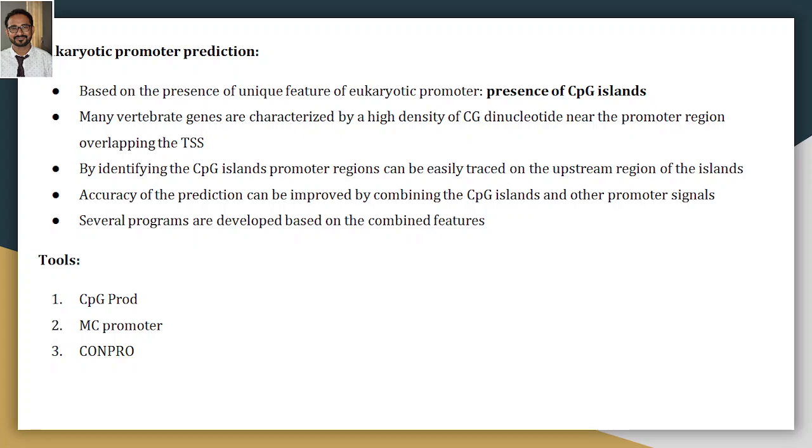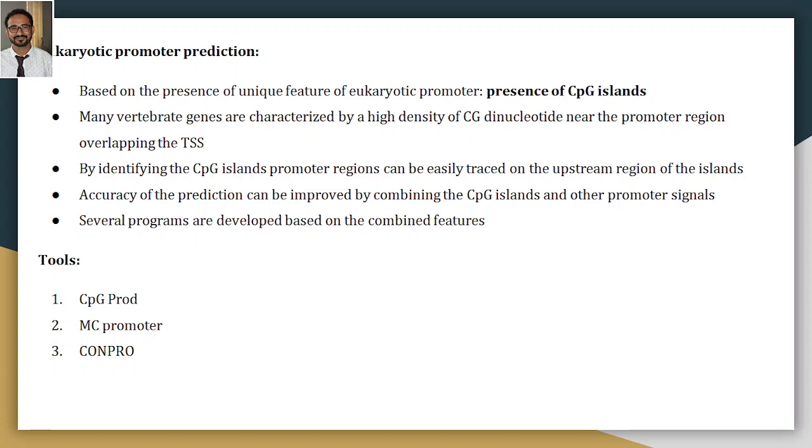Okay, next, many vertebrate genes are characterized by a high density of CG dinucleotides, that means so much GC rich content will be there, near the promoter region, which is overlapping the TSS, the transcription start site. Next, by identifying the CpG island, promoter regions can be easily traced on the upstream region of the islands.